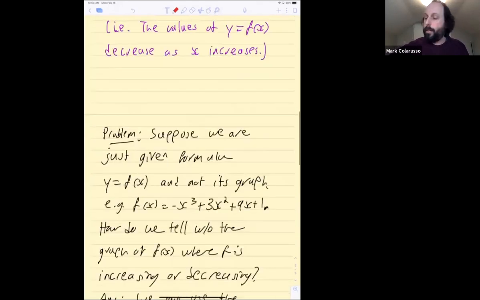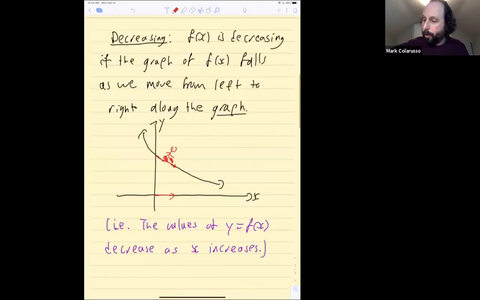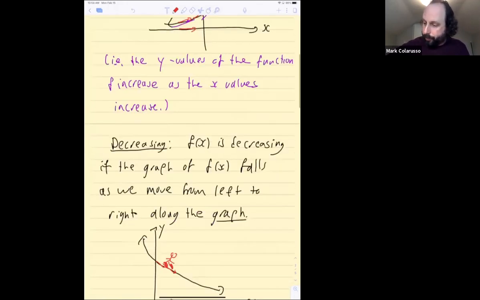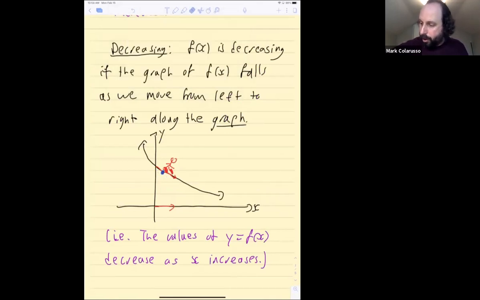Now, on the other hand, go back up to the skier here, the Winter Olympian. And given the weather this week, that's probably not a bad analogy. If we draw tangent lines to this graph, where the function is decreasing, it's harder for me to draw a decent tangent line when it's decreasing because you have to move the pen down.